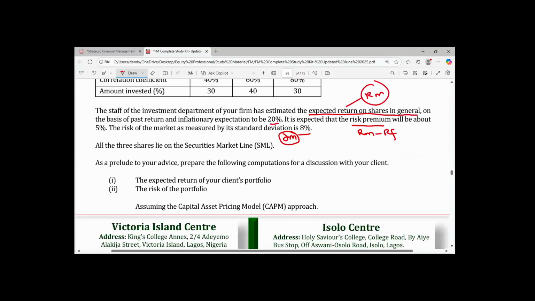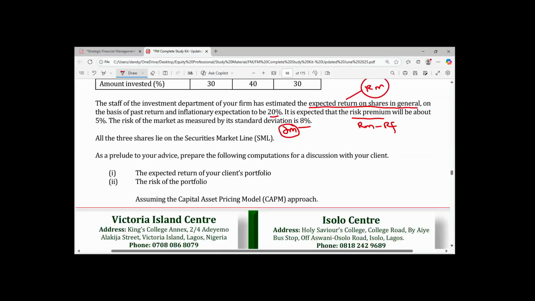As a prelude to your advice, prepare the following computation for a discussion with your clients. 1. The expected return on your client's portfolio. 2. The risk of the portfolio, assuming the capital asset pricing model approach. So that is the question.